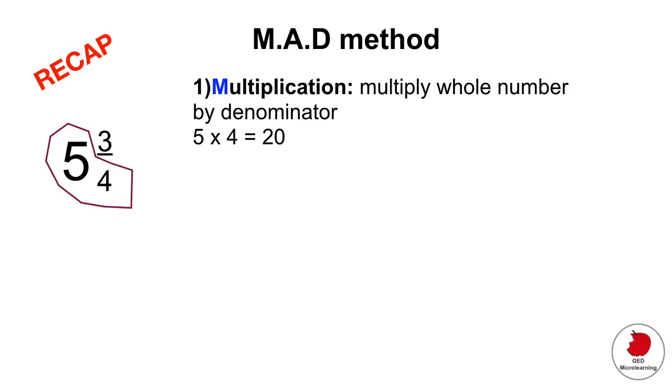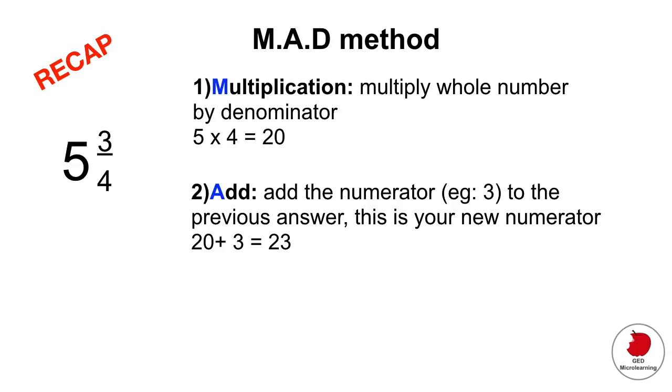Then the next part is the A, which means add. To the number that you just got, you're going to add the numerator. In the previous step, we got 20, so now we're going to add 3. Our answer is 23, and this is going to be our new numerator.